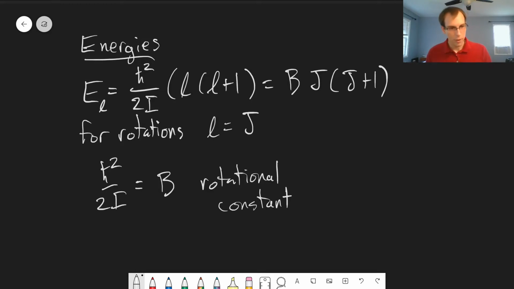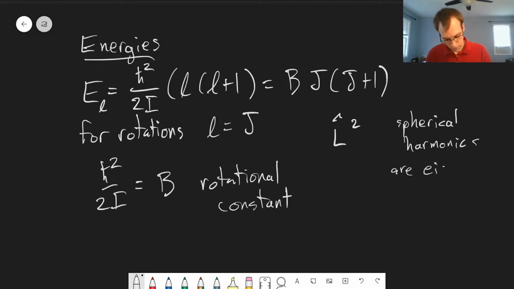Now the L squared operator ends up also being useful because all the spherical harmonics are also eigenfunctions of the L squared operator. And so we can get exact values of the angular momentum, at least the square of the angular momentum, from these wave functions.